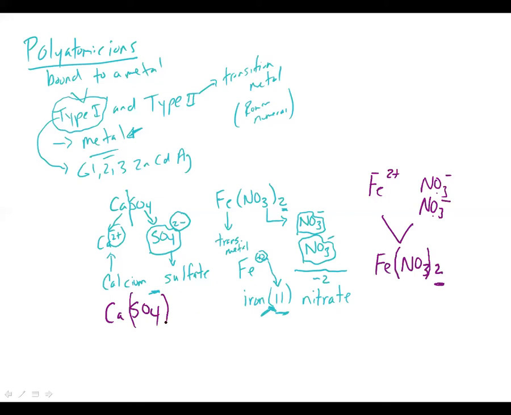Typically, people do not put the parentheses around just one polyatomic ion. They'll write it like it was originally. But definitely if you have more than one of those polyatomic ions, you do need to include the parentheses and that number on the bottom, to tell everybody that you have more than one of those polyatomic ion units. Any questions on that?